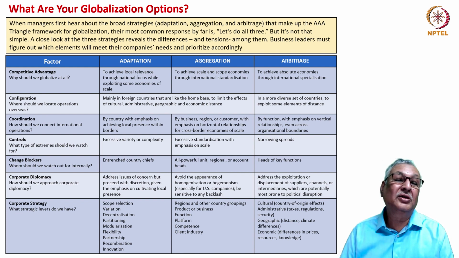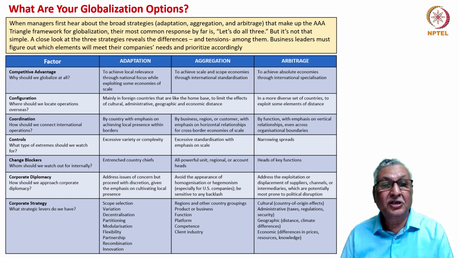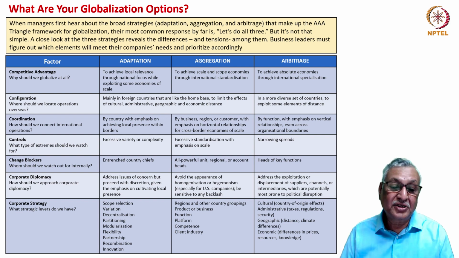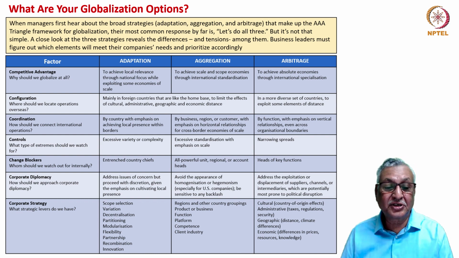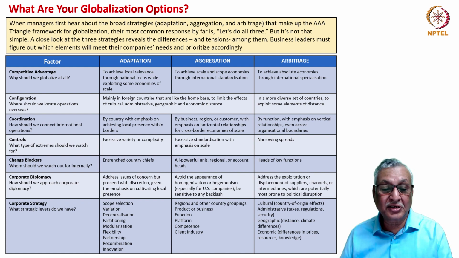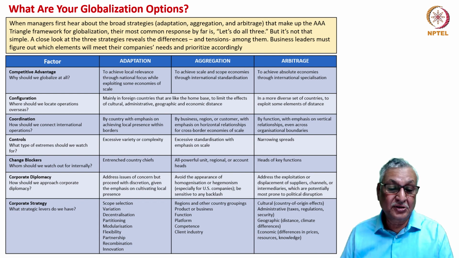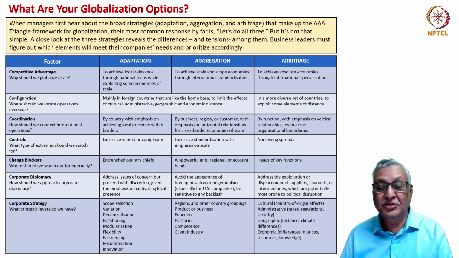What should be the type of corporate strategy in each of these three verticals? In respect of adaptation, scope is a key driver. Variation is a key driver. Decentralization is one aspect of strategy. Partitioning of product lines, manufacturing lines, marketing lines, modularization, flexibility, partnerships, recombination, innovation. These are the drivers of corporate strategy.